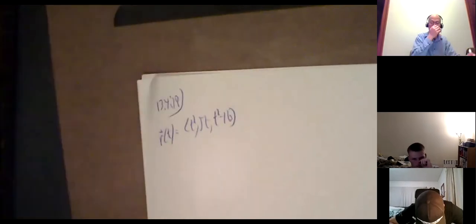R of t was t squared, 5t, and t squared minus 16t. That's to minimize the speed. Okay, we did do this one. So since I did it, I'm going to go fairly rapidly through it, unless you had a specific question about it.